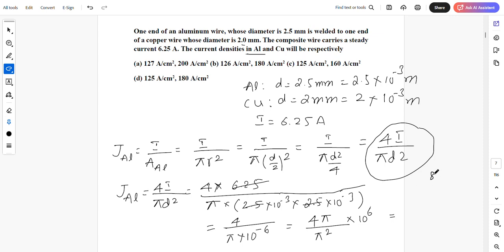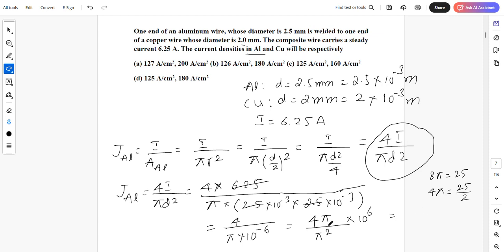How much is 8 pi? 8 pi is 25. Then how much is 4 pi? It will be 25 by 2. 4 into pi means approximately 12.5.